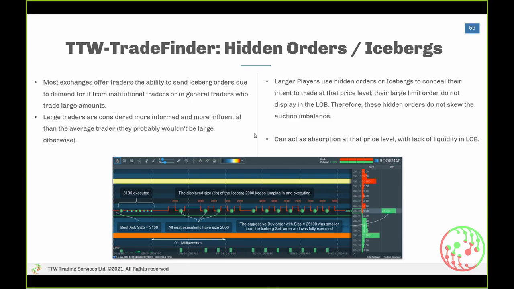Their large limit orders are not displayed in the limit order book, and therefore these hidden orders do not skew the auction imbalance. An iceberg order can act as an absorption at a certain price level with a lack of liquidity in the limit order book. That means it's relatively easy to understand.